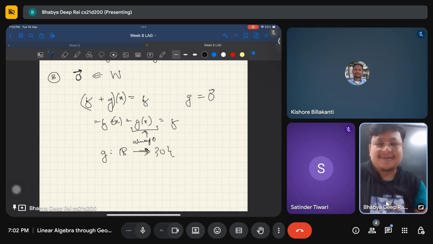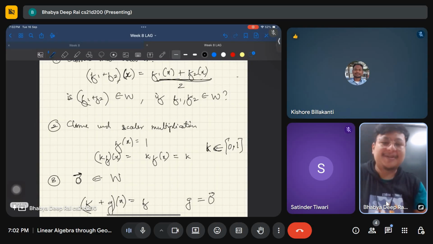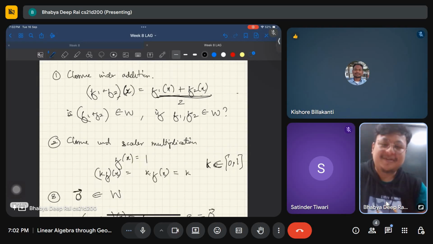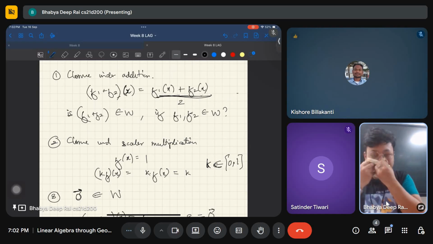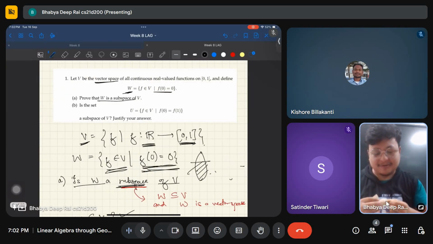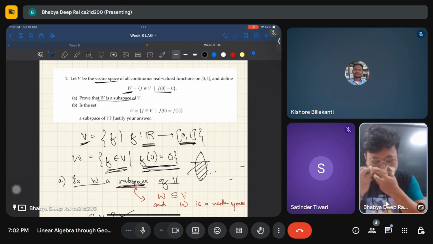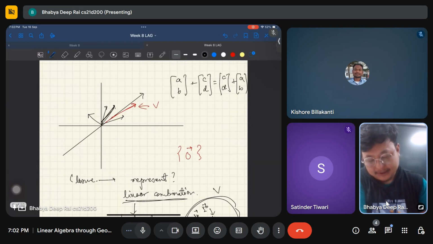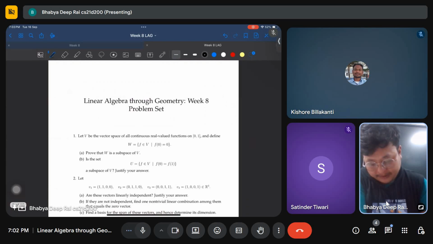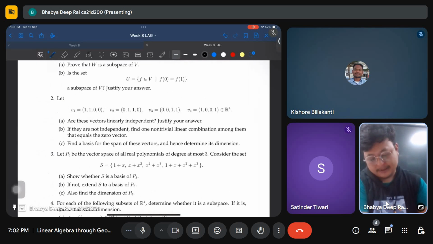So at least the null vector exists, but the other properties are violated, so this is not a vector space. I don't think this question is worth pursuing anymore, because the second part also suffers from the same problem. So let's just move on and look at the next part.